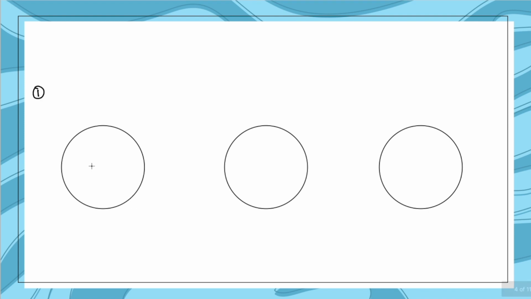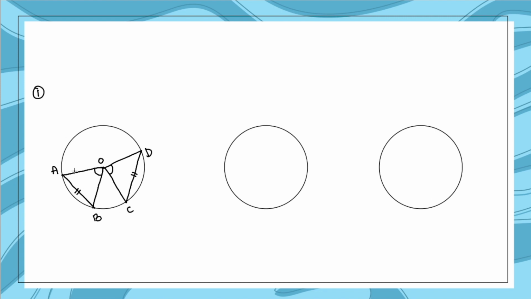The first property: if this is a circle whose center is O, and there are two chords, let's say AB and CD, and they make equal angles at the center, that means if the angle formed by the lines joining A, O and B, and the angle formed by C, O and D are the same, then these chords will also be equal. So that is the first property of chords.